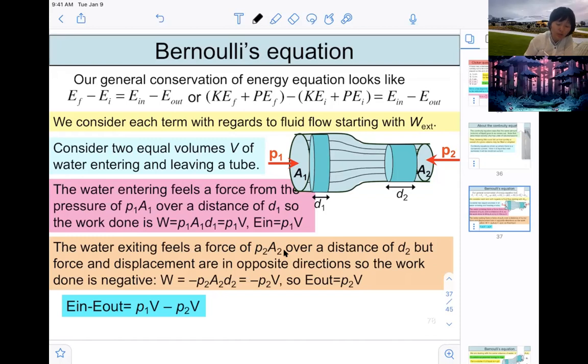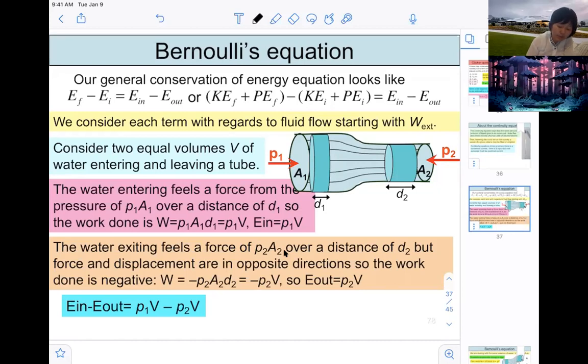If you push the blob of volume over a certain distance, you're going to do work. So work is force 1 times D1, force times distance, which is P1 A1 times D1. A1 D1 is the volume of this blob of water, so it's just P1 V. At the same time, the blob of water leaving the area is going to feel a force as well, coming from the right-hand side, pressing to the left.